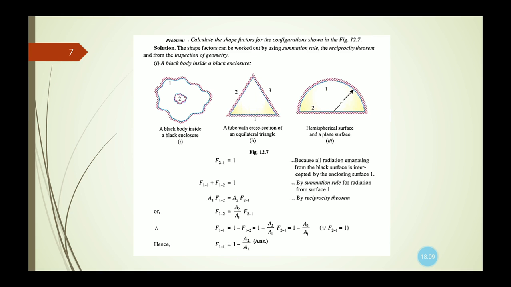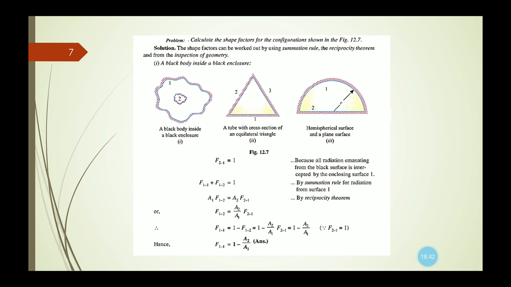Now from the summation rule, we can write that F11 plus F12 is equal to 1. If you use the reciprocity relation, then A1 F12 is equal to A2 F21. That means F12 will be equal to A2 by A1 multiplied by F21. If we put this in the summation rule, then we will be able to calculate F11.